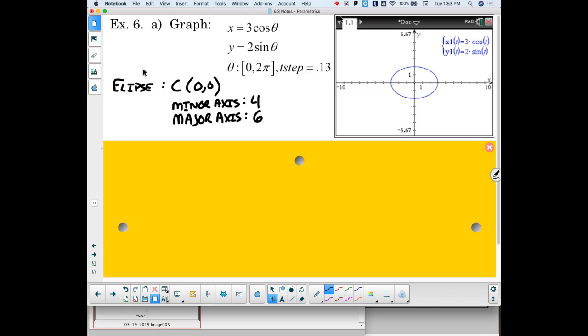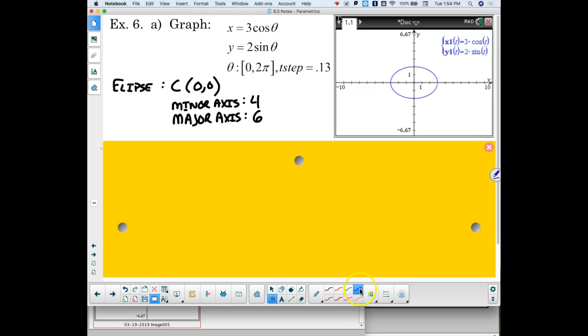What's the equation from first semester of the conic section, of the ellipse, centered at the origin, minor axis length of 4, major axis length of 6?